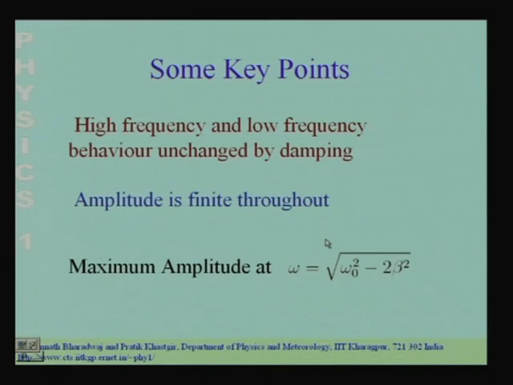So, let me summarize the key points of what we have seen. The first key point is that the behavior of a forced oscillator at very low frequencies and at very high frequencies, at both these extremes, is not affected if I introduce damping. So, whether there is damping or not really does not affect the behavior at the very low frequencies, where the oscillations exactly follow the force, and you have the amplitude of the oscillation as f by the spring constant k.